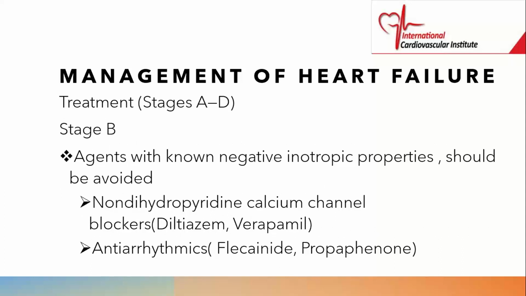So medications that are known to have a negative inotropic property, that is, it weakens the contractility of the heart muscle, should be avoided. So if you have someone who is asymptomatic, ejection fraction 35 to 40%, you should try not to give them your non-dihydropyridine calcium channel blocker.